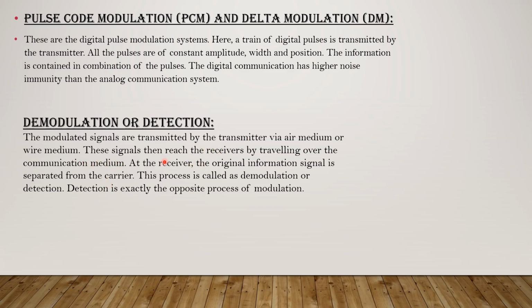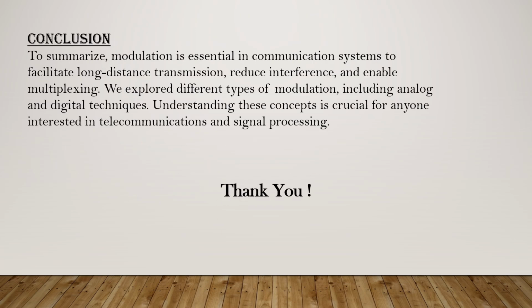At the receiver, the original information signal is separated from the carrier. The process is called demodulation or detection. So basically it is the separation at the receiver. The original information signal is separated from the carrier. Detection is exactly the opposite process of modulation.